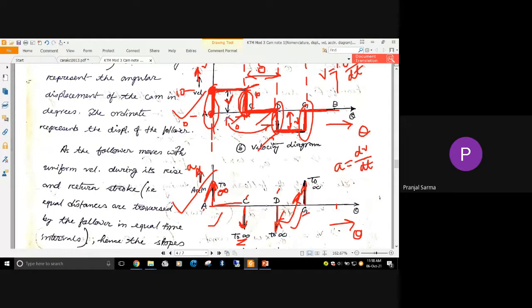Is it possible? Actually not. It will take a certain time to reach that value. So this particular case is actually kind of hypothetical, so some modification will be required to get a finite value of acceleration, because getting infinite acceleration is not possible. So in the next class we will see the modified displacement, velocity and acceleration.